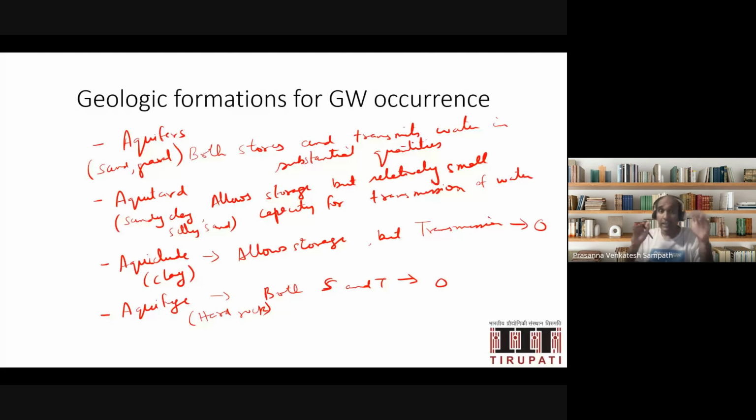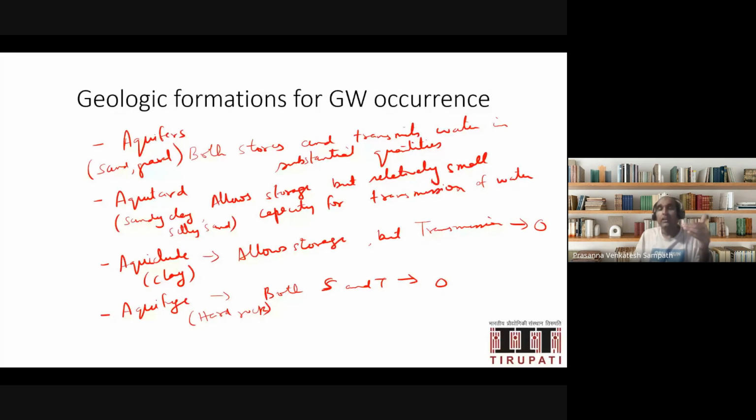And then you have the final category, the aquifuge, which neither allows storage of water nor transmission of water. Both these capacities tend to zero, right? And you have these different examples, and as I said, these distinctions are not to be taken very, very seriously.